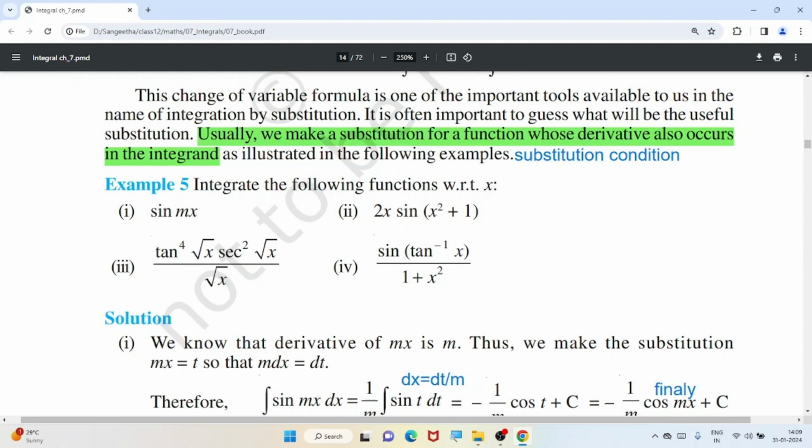So that is the derivative, and that also occurs here. So now we are substituting for mx: t equal to mx, m dx equal to dt. This is how you make a substitution whose derivative also occurs in the integrand.